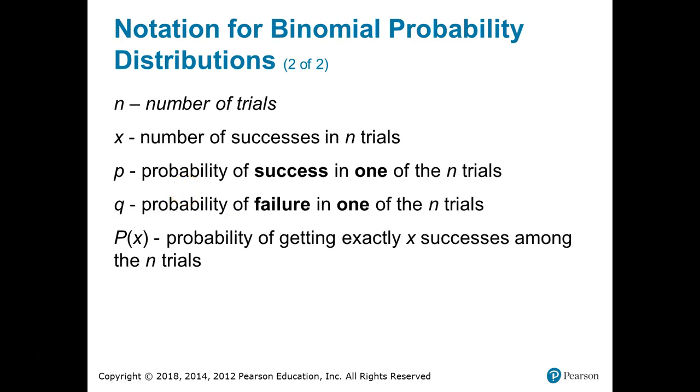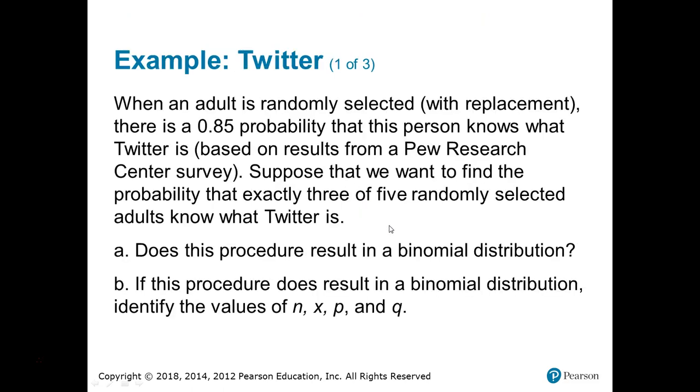Some other notation: n is the number of trials, x is the number of successes in n trials, p is the probability of success in one trial, and q is the probability of failure in one of the n trials. And then P of x is the probability of getting exactly x successes among the n trials. All right. Without further ado, let's look at an example.